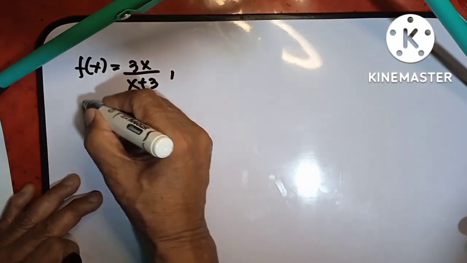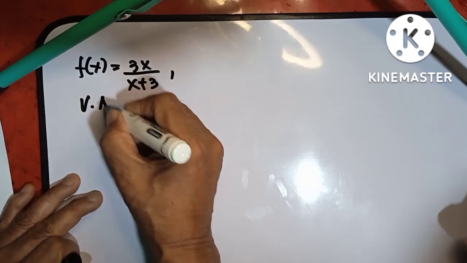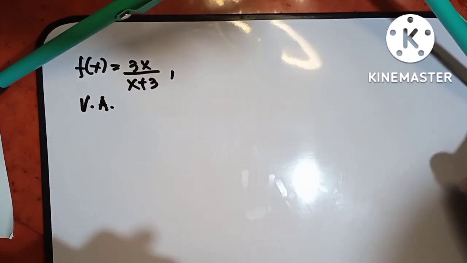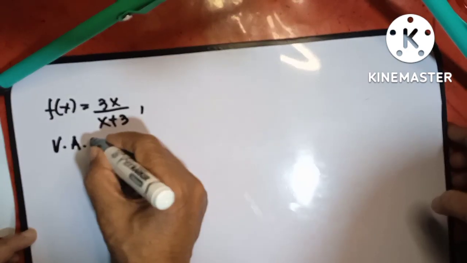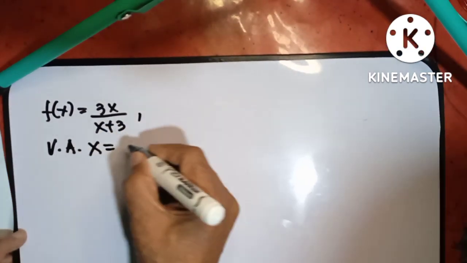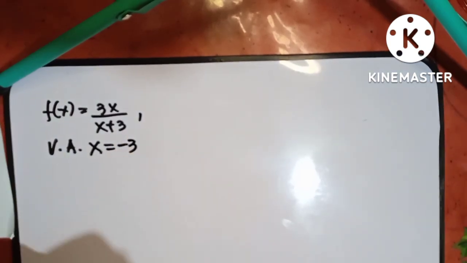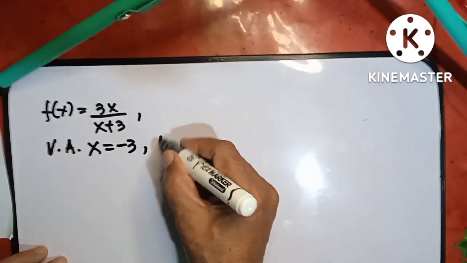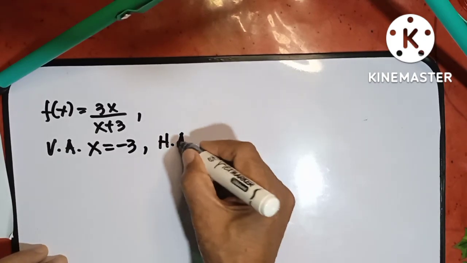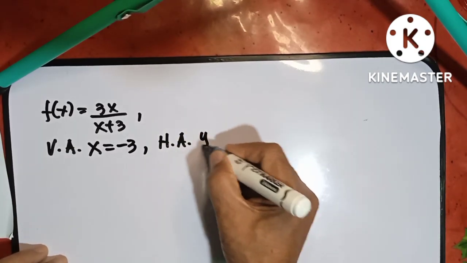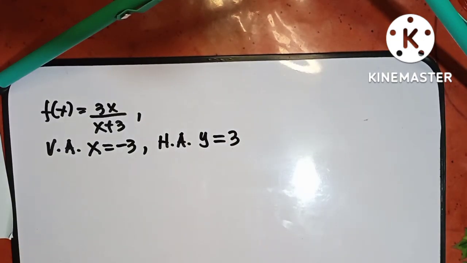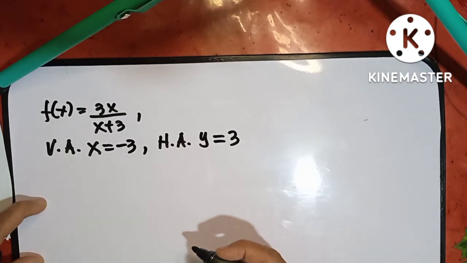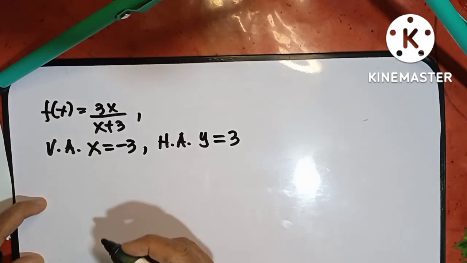And our vertical asymptote is x equals negative 3. And our horizontal asymptote is y equals 3.